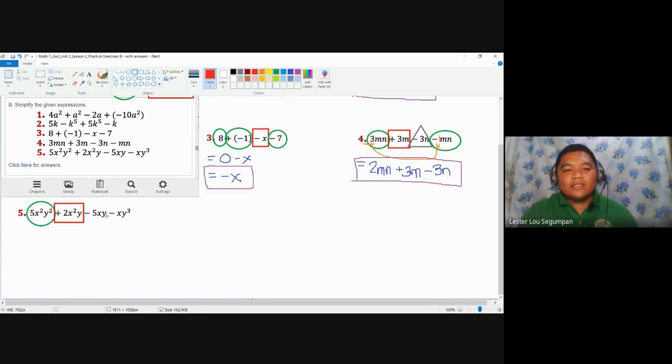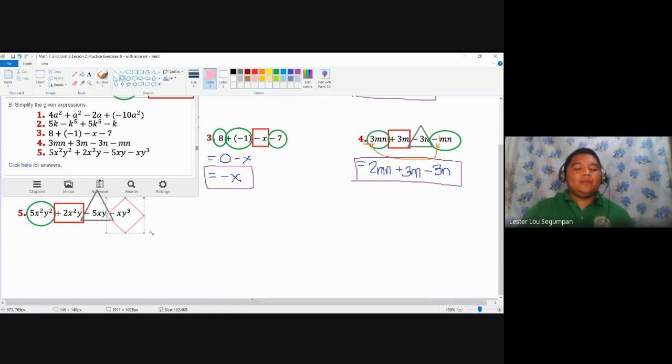And it's also not the same with the second term because the second term has x squared, but this one only has x to the power of 1. So let's use another figure with another color just for us to represent unlike. And the last term is also unlike the first, unlike the second, and unlike the third. So let's use here another figure just for differentiation. Let's use pink.